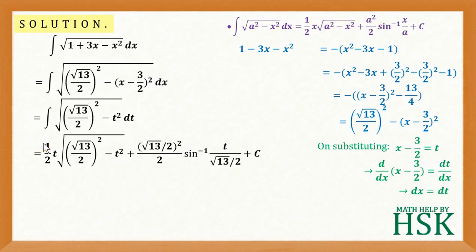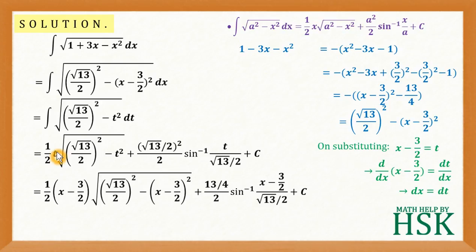So I'm going to obtain this expression: 1 by 2 times of t square root of 13 by 2 whole square minus t square plus square root of 13 by 2 whole square upon 2 into sine inverse of t upon square root of 13 upon 2 plus c. Okay.